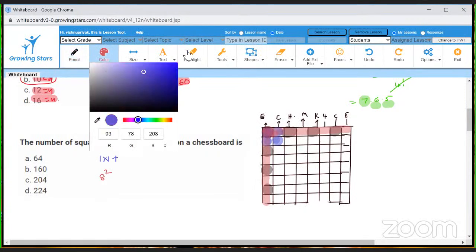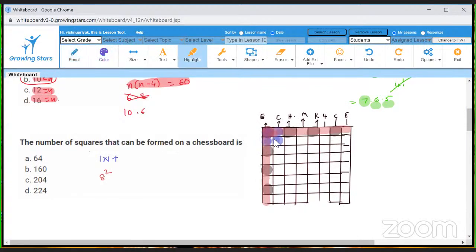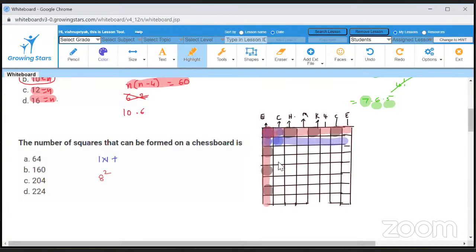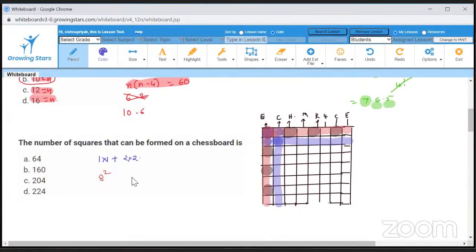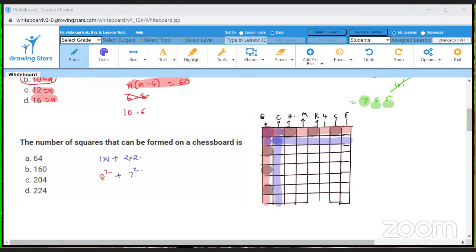But after that, still you can go to the second one, 2 into 2, this way. So the second option is 2 by 2. When you take 2 by 2, 7 into 7, 49 squares will be formed.